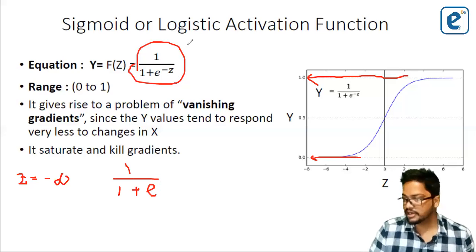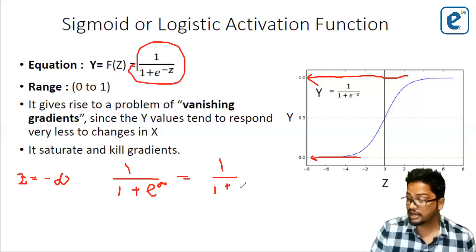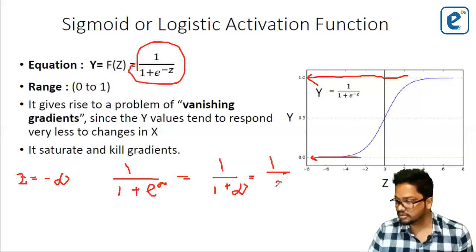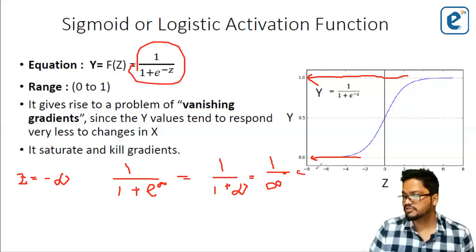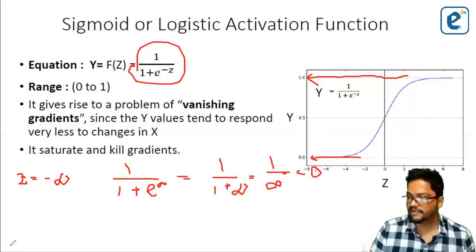You can see there's a minus sign, so that will be plus infinity, and e to the infinity is infinity, so infinity plus 1 will be infinity again. So this will be 0. So the lower boundary of the Y value will be 0.